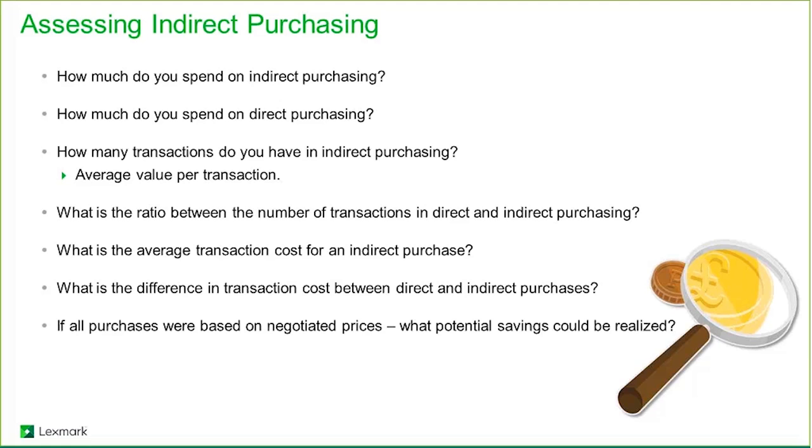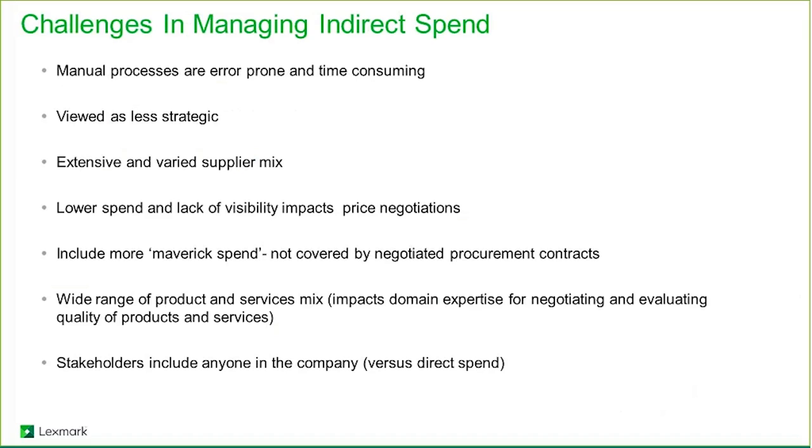So as we move forward, some of the challenges in managing indirect spend, I'll go through a couple of these for you. The manual processes, as you can imagine, are very error-prone and time-consuming, because they're manual, so therefore they lend themselves to a lot of error, transposition, syntax errors. They're viewed by the company as less strategic because they fall under a threshold.